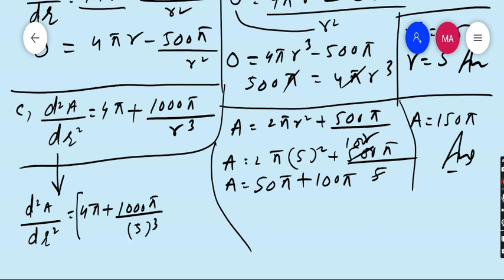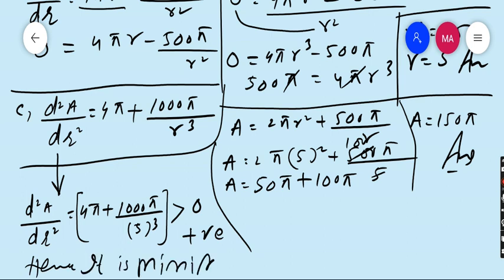If you see carefully, the whole answer is greater than 0, that is positive. Hence, it is a minimum, because if the double derivative is greater than 0, then the value is minimum. So this is question number 8. Move to question number 9.